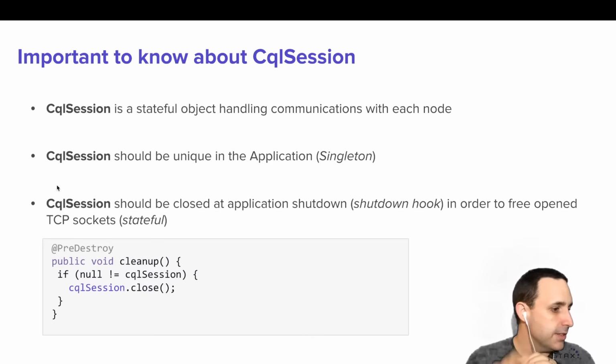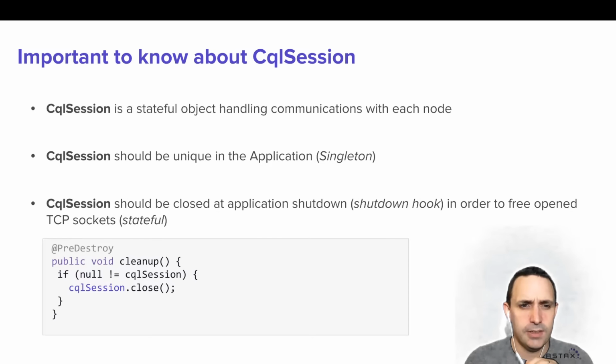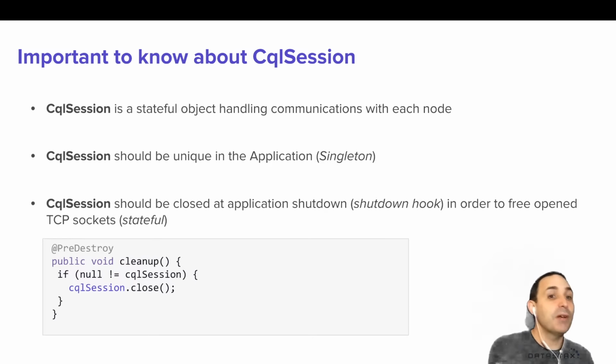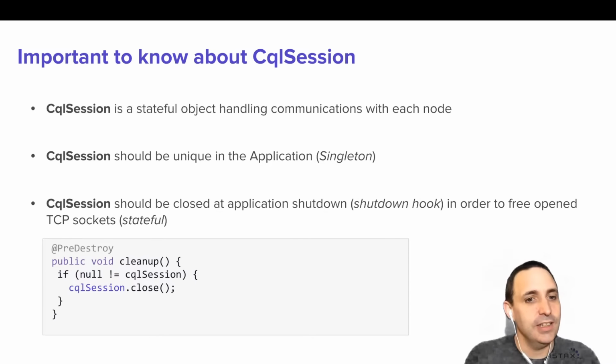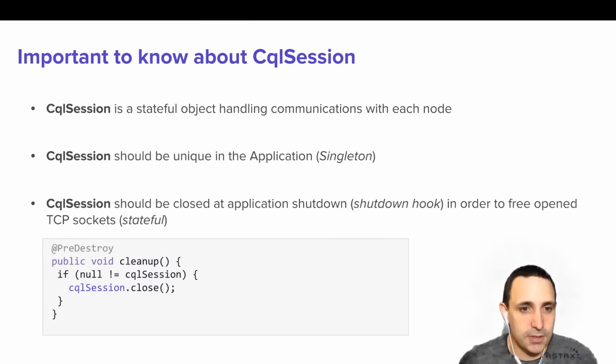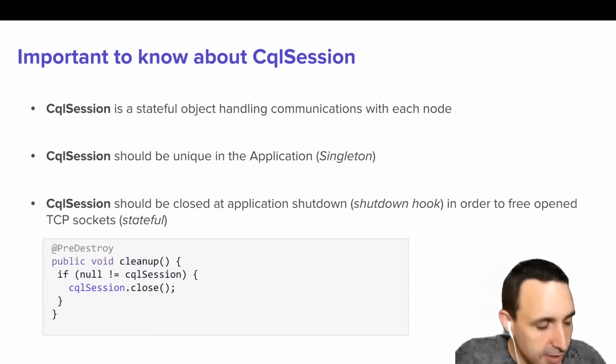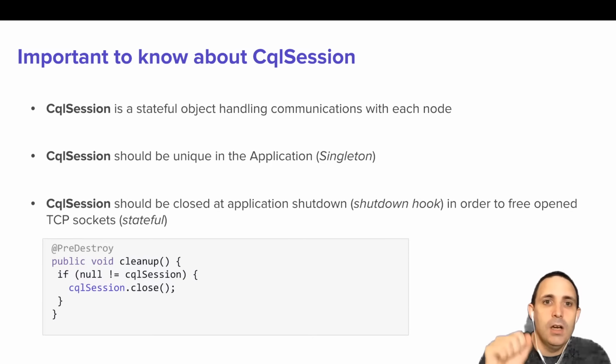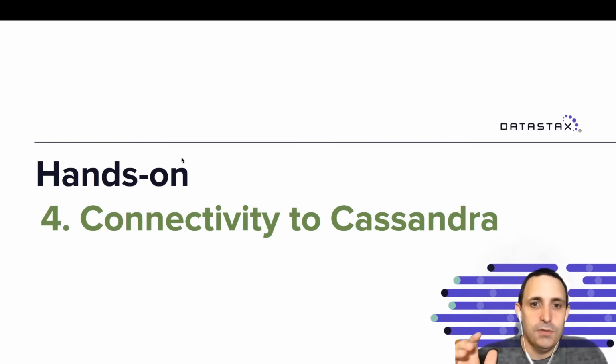I think this is what we are doing with the unit test with Spring, but maybe I use a try-with-resources. I will show you that. Starting from Java 7, the CQL session is AutoCloseable. All right, let's move forward.